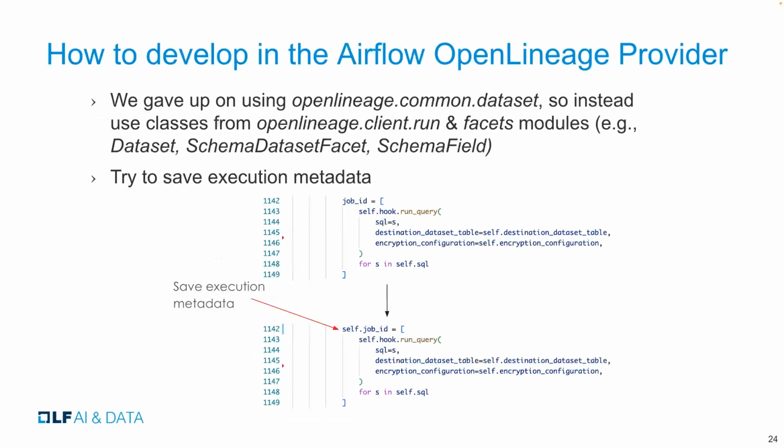Just a quick mention of how to add some new integration in the Airflow provider, or maybe not even in the Airflow provider, but in other providers that make use of the Airflow OpenLineage provider. So the first thing is that we wanted to give up on using the OpenLineage common dataset module. We want to deprecate it, maybe not soon, but some time in the future, and use just the classes from the OpenLineage Python client.